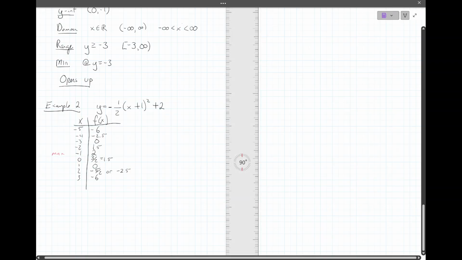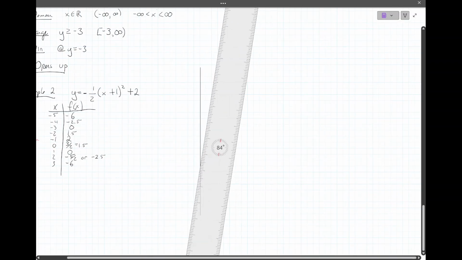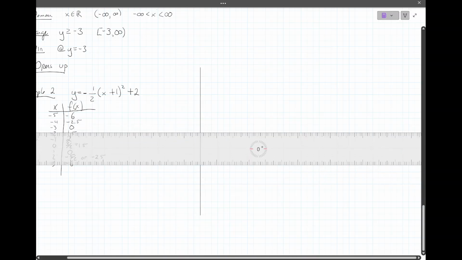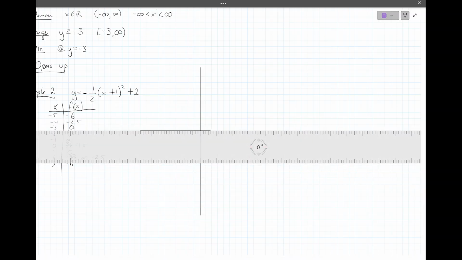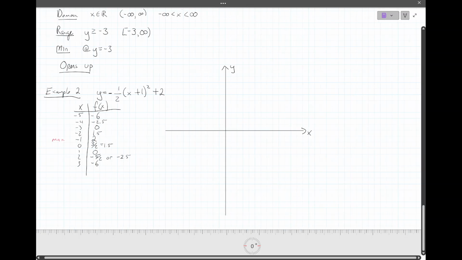Let's get an XY axis on here. And right there. X, Y. Start with our vertex, -1 and 2, right here.